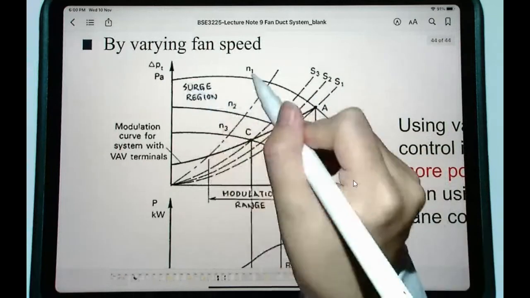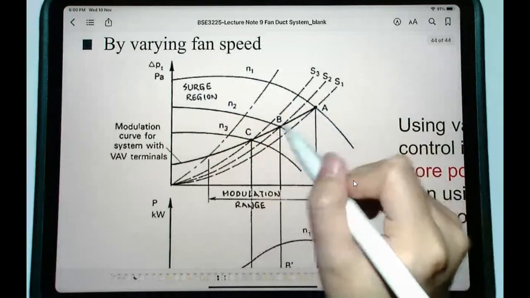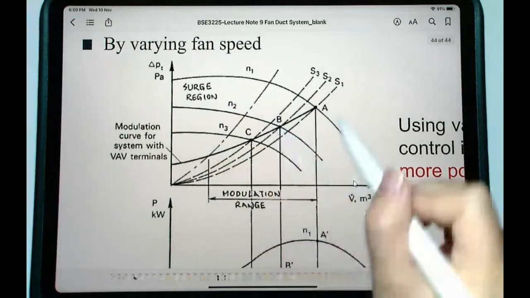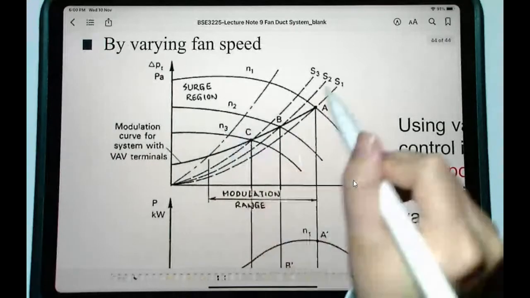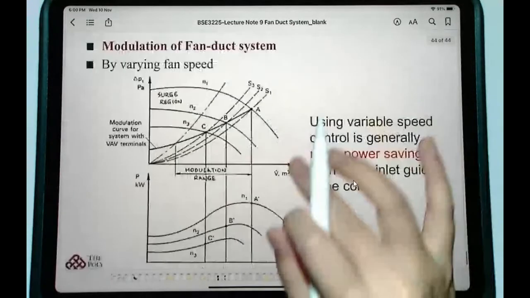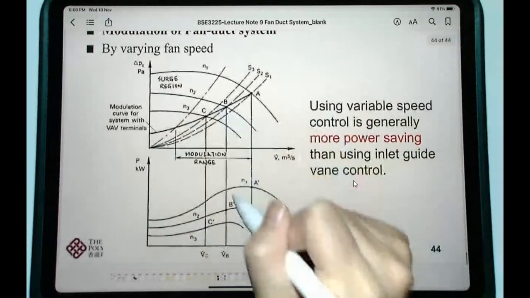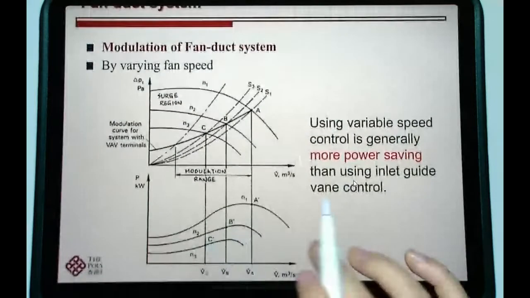Combining S1 and N1, we can obtain point A, and combining S2 and N2, we can obtain point B, and combining S3 with N3, we can obtain point C. And the modulation range also is here, and we can find the corresponding modulation curve here.